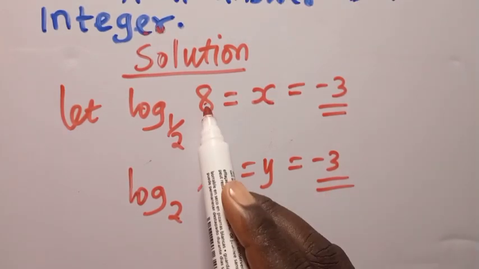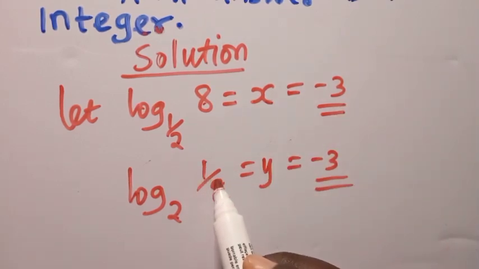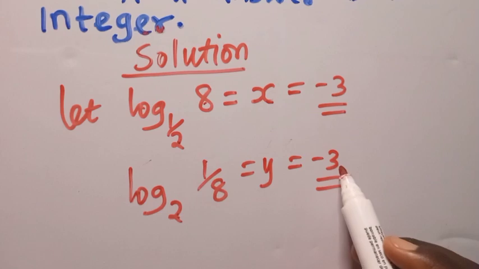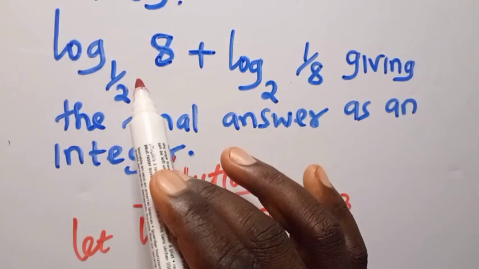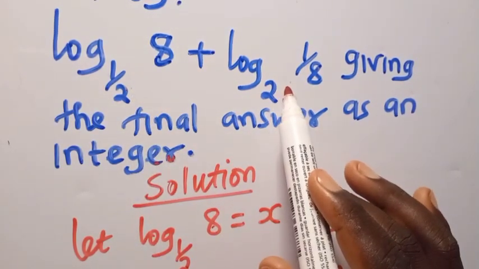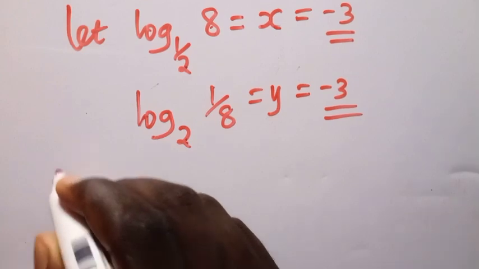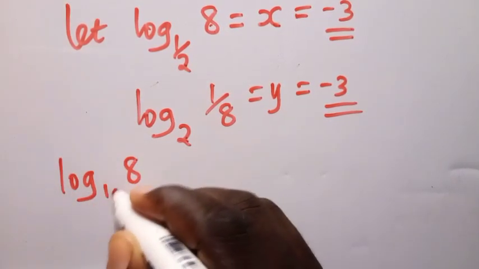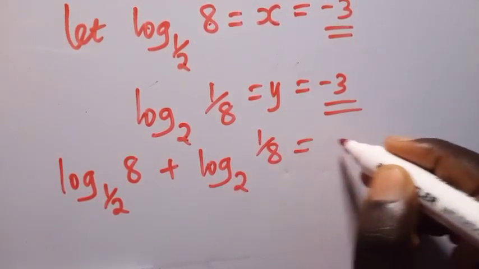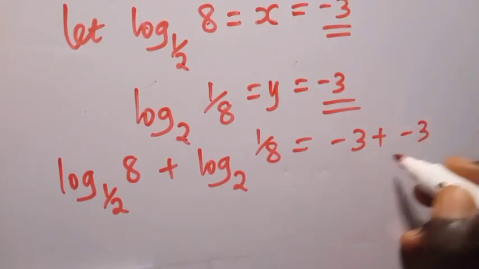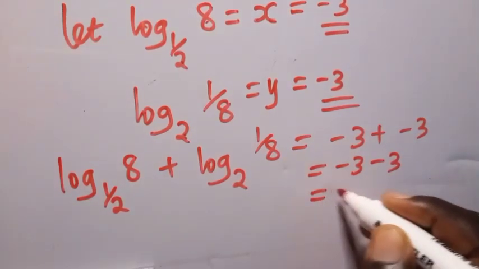Now, since we have the logarithm of 8 to base a half as negative 3, and also the logarithm of 1 over 8 to base 2 as negative 3, our answer will be, instead of this, negative 3, and instead of this, negative 3. Therefore, we shall have negative 3 plus negative 3, which is the same as negative 3 minus 3, which is just the same as negative 6.